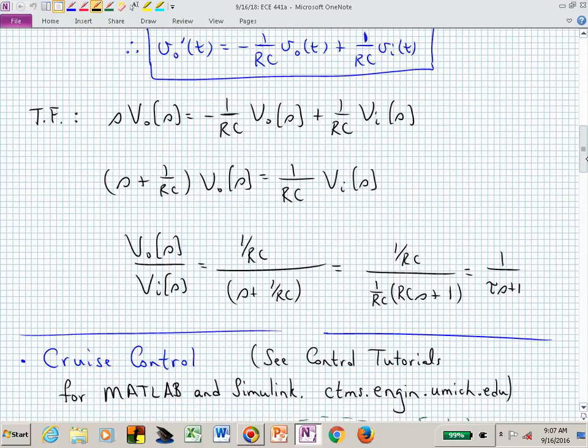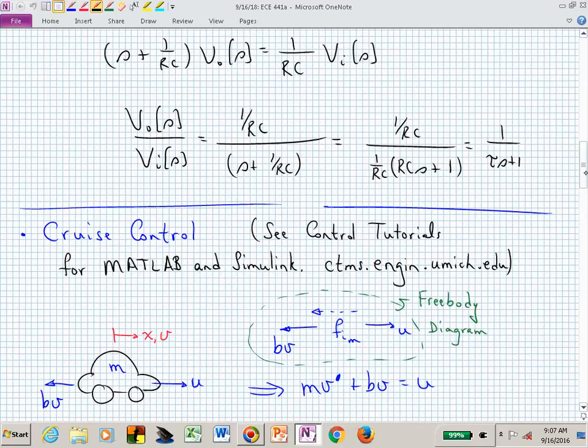I know artistic talent maybe is a little lacking, but now another first order system is this high-powered vehicle or a cruise control, where if you wanted to, you could look at how to maybe more effectively understand what's going on here, but you know how to deal with this.